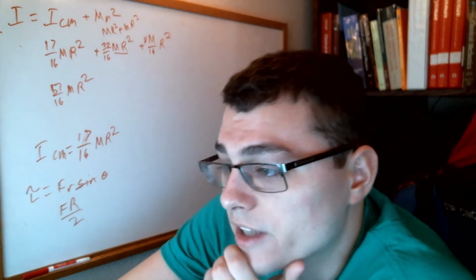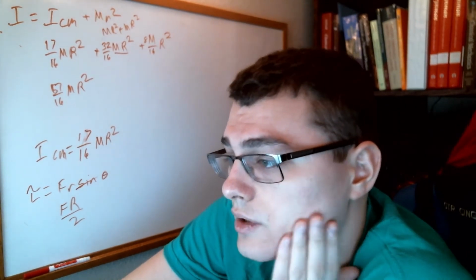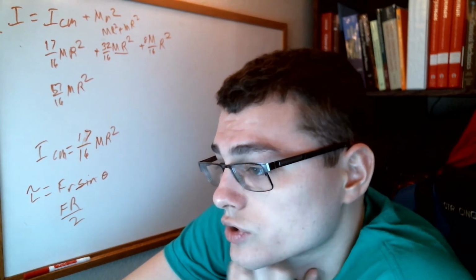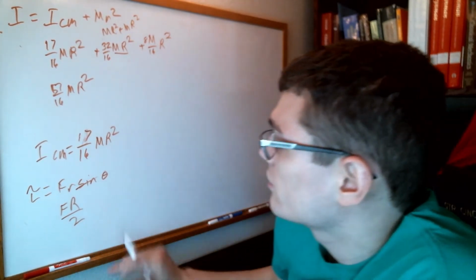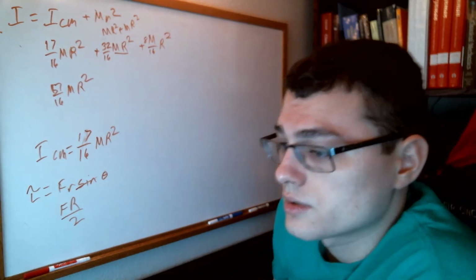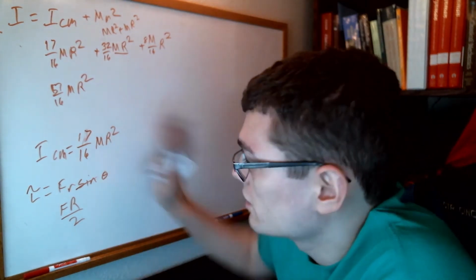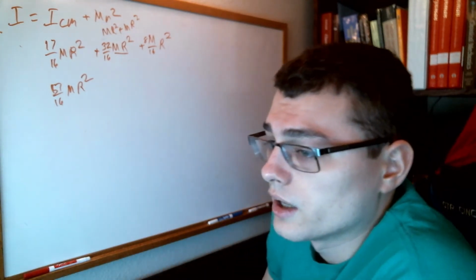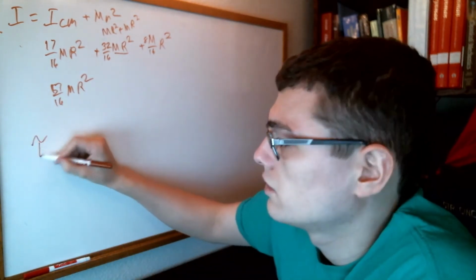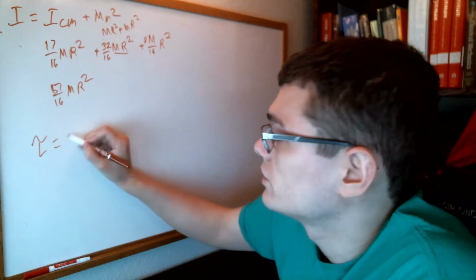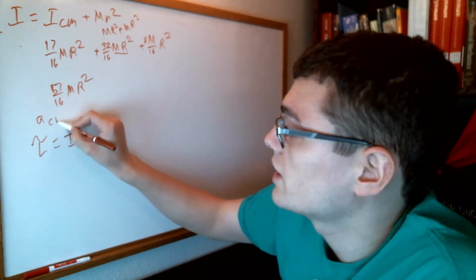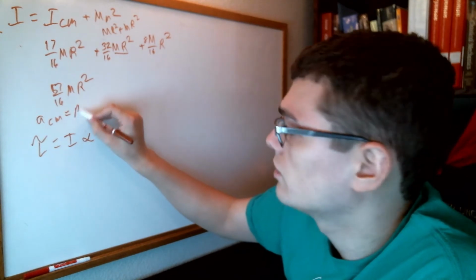Okay, determine the magnitude of the linear acceleration of the center of mass of the yo-yo the moment the string becomes taut. Remember that in this case, torque is equal to I alpha, and that a_CM is going to be equal to R alpha.